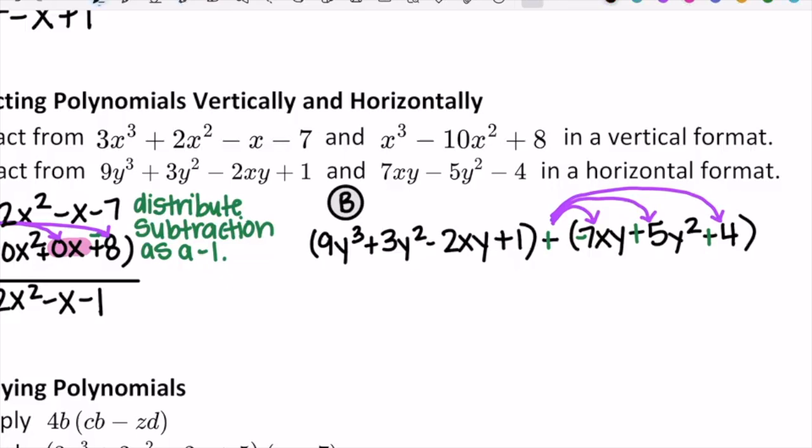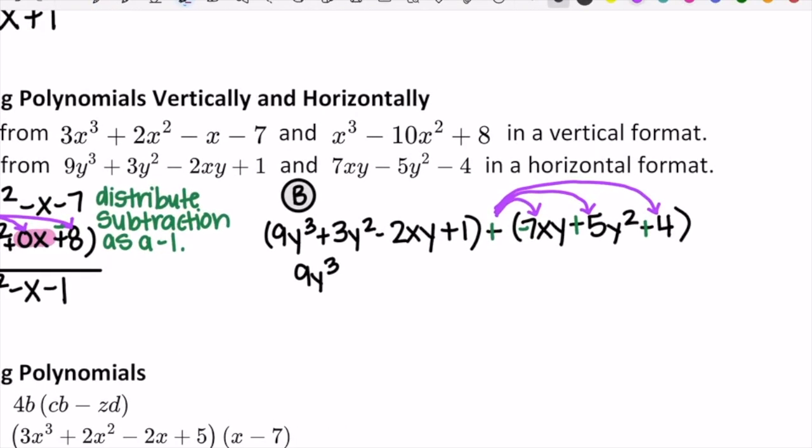So my like terms here, we don't have another y cubed, so the 9y cubed is going to stay the same. We do have like terms with the y squareds, positive 3y squared and positive 5y squared, so that's going to be 8y squared.